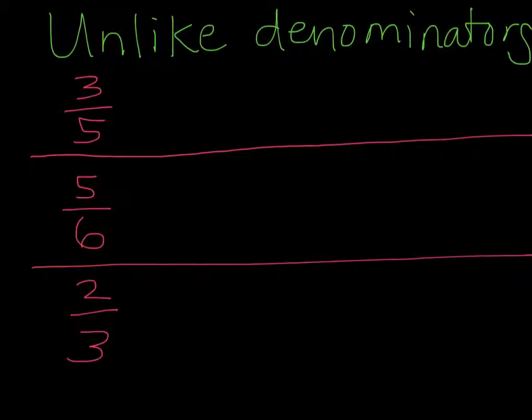Now if we look at unlike denominators, things can get a little bit trickier, because you're comparing slightly different sizes of pieces based on the whole. So what you want to do is make those denominators like, by applying our skills from our multiples and factors unit.